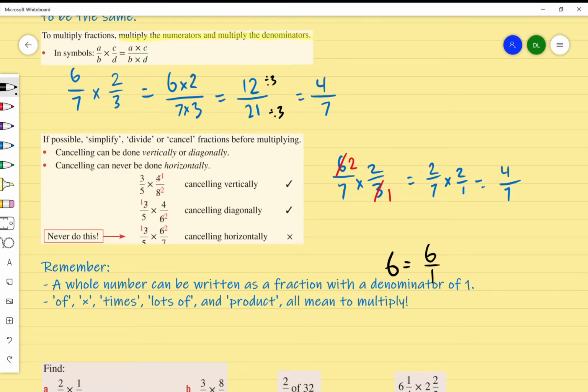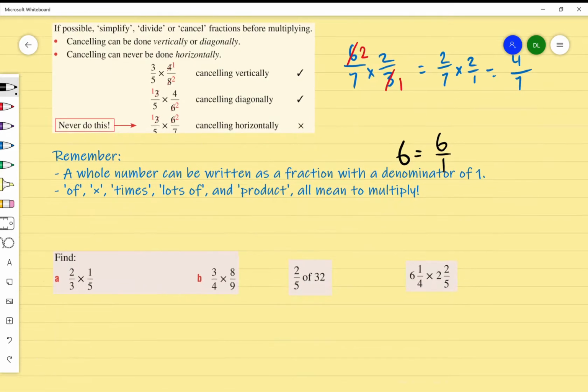So any number, like 2 million, is the same as 2 million divided by 1. Any number divided by 1 is the same as that number. The other thing is if you see of, times, lots of, product, whatever, they mean to multiply. So it's an important skill to be able to identify what those mean. All right, let's go ahead and do some examples.